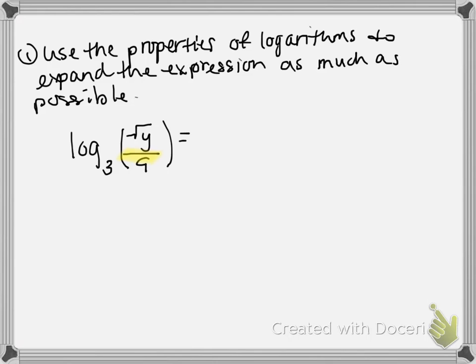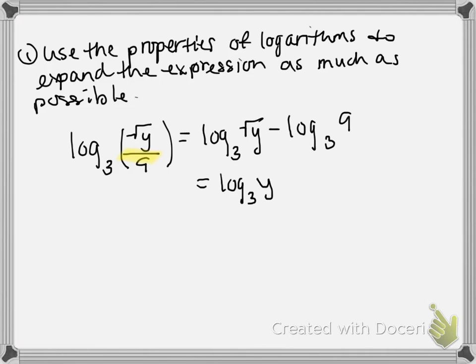I don't have m and n though. I have the square root of y and 9. So I'm going to write this as log base 3 of the square root of y minus log base 3 of 9. Okay, well, I remember that log base 3 of the square root of y could also be written as log base 3 of y to the 1/2 power.